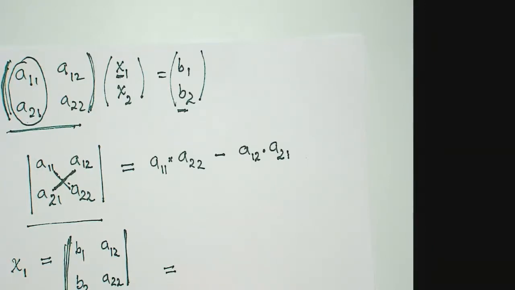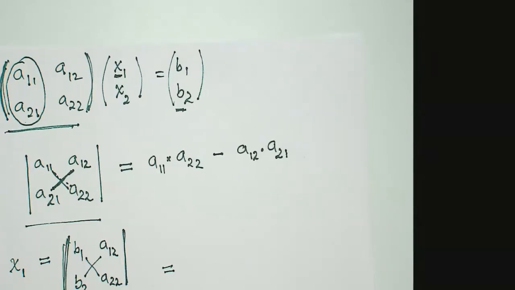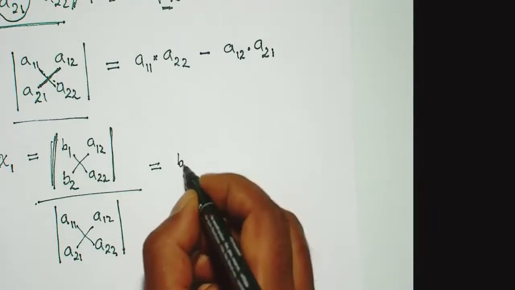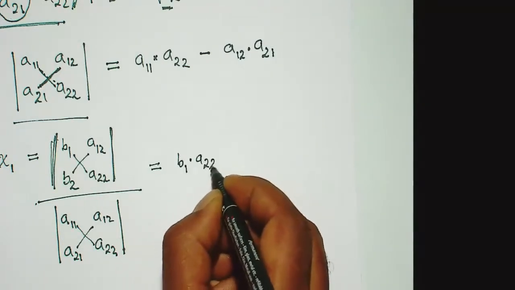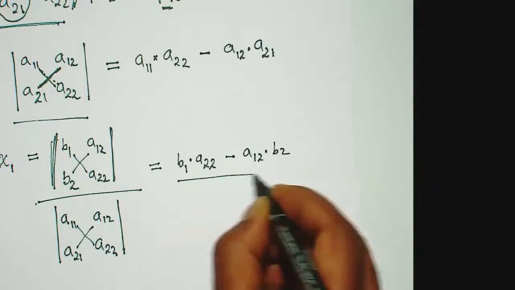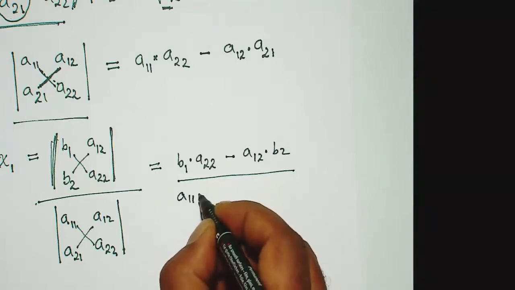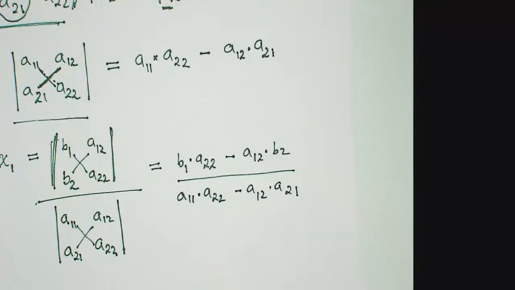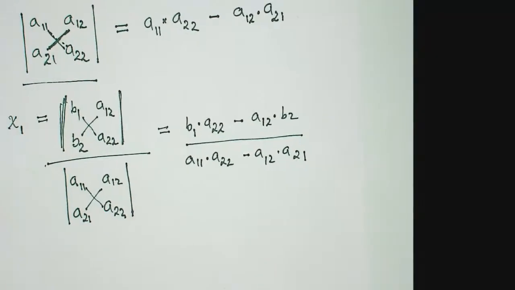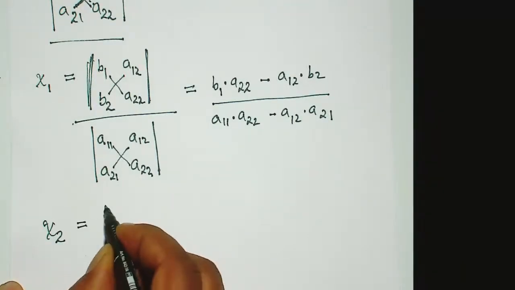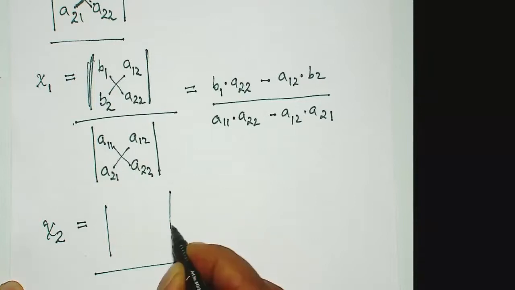As I have said, the determinant can be done by doing a crisscross multiplication and then subtraction of the diagonals. So I would do B1 multiplied by A22 minus A12 multiplied by B2, divided by A11 multiplied by A22 minus A12 multiplied by A21. So this gives us the solution for our x1. In the x2 case, we are also considering two determinants.